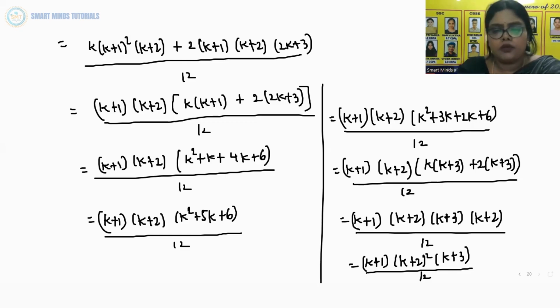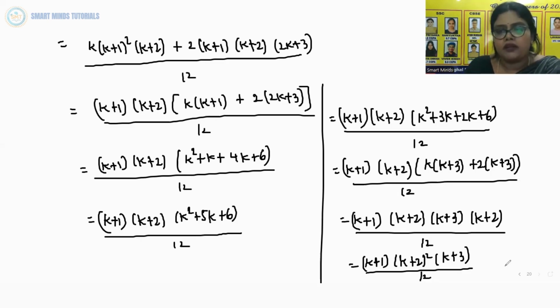Now you can look at the question. In the RHS of the question, wherever you have n, we got k plus 1. So you just see the RHS. In the place of n, we got k plus 1. In the place of n plus 1 whole square, we got k plus 2 whole square. In the place of n plus 2, we got k plus 3. Then by 12 also we got.